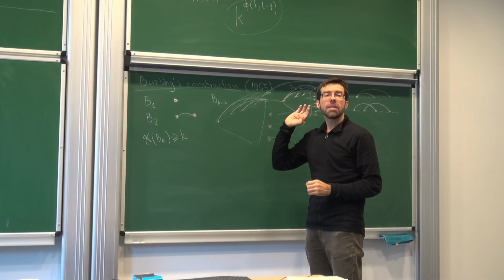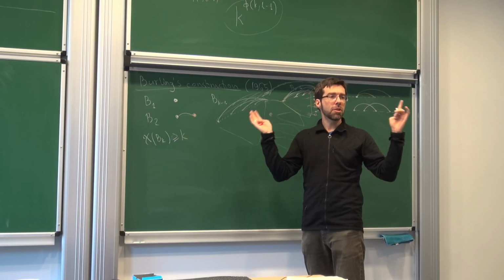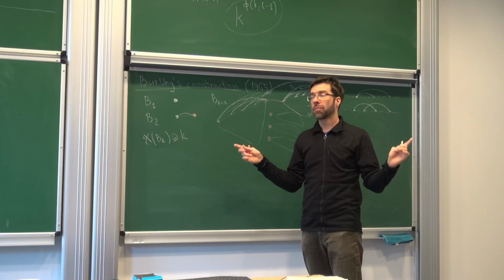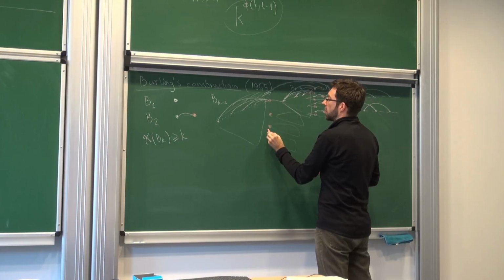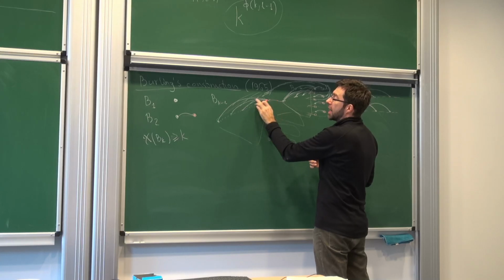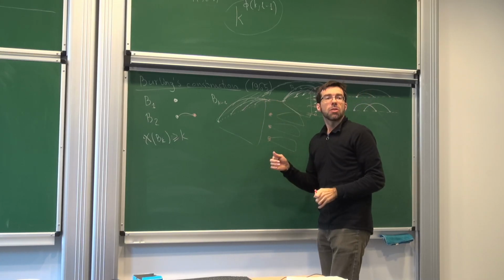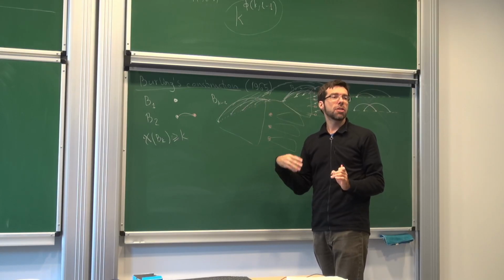But actually, I need a stronger condition. I need a condition that for every coloring with any possible number of colors, there will be a leaf with the property that on the neighbors of that leaf, we see at least k colors. This is the condition that I want to maintain.